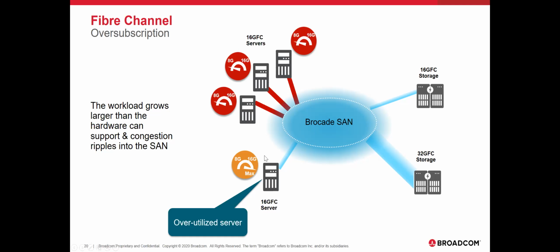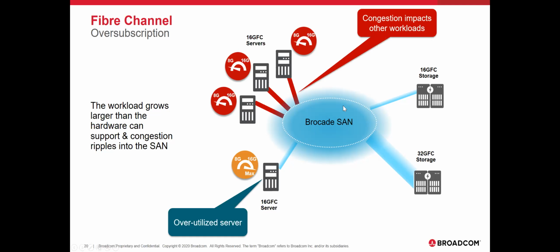Those resources could be CPU, PCIe bandwidth, memory. But the issue with this situation is that the server behaves without any ill effects. So the server is still operating well. However, the other workloads on the SAN see that impact.